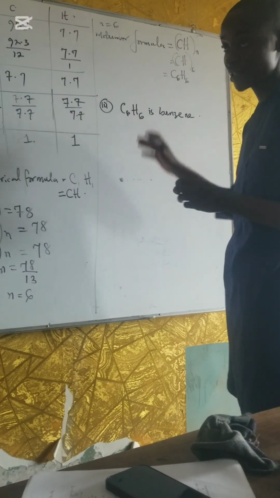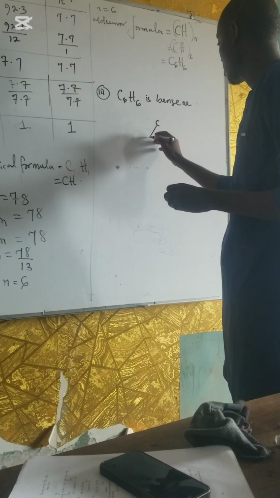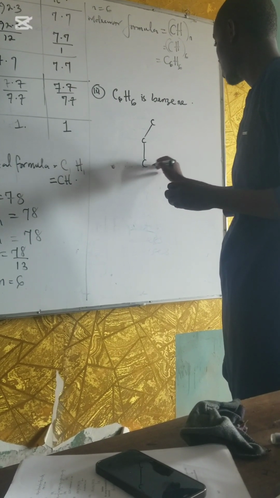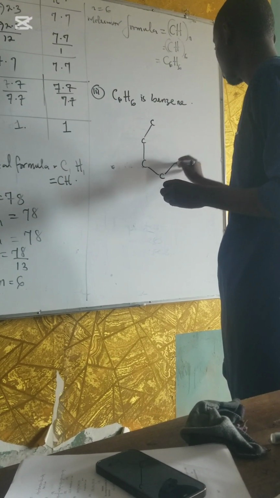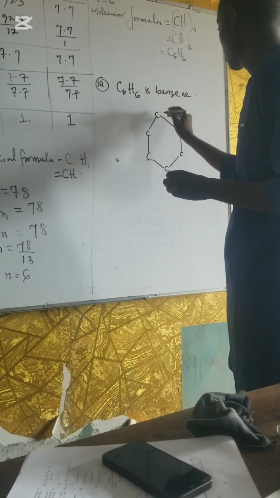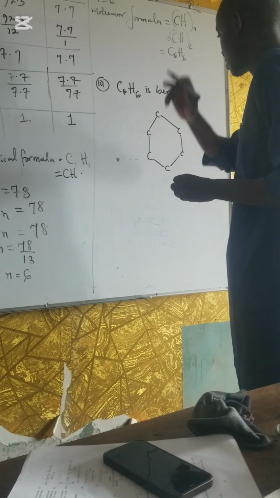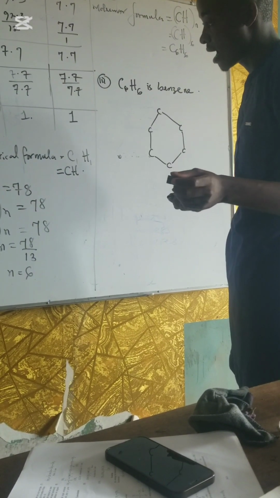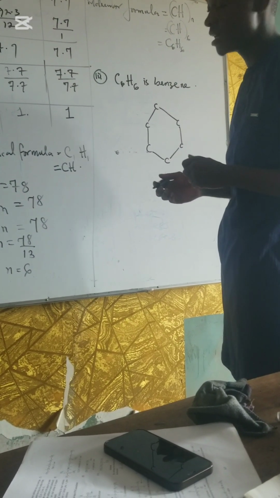So as you can see, we have 6 carbon in a hexagon: 1, 2, 3, 4, 5, 6. Now, carbon is tetravalently bonded.